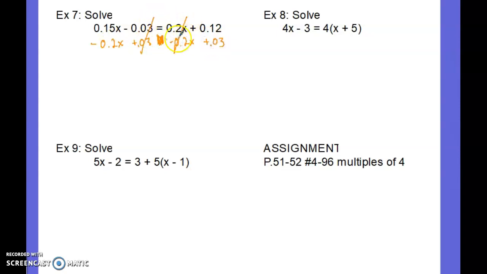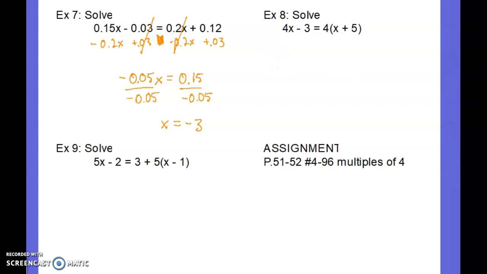So these both cancel. 0.15 minus 0.2 gives me negative 0.05. And adding that gives me 0.15. And divide both sides by negative 0.05. And positive over negative is a negative, should be 3.